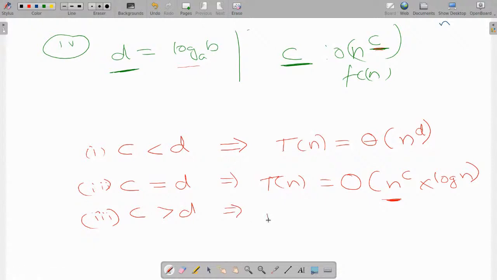And the third part, if the addendum's exponent is greater than log b base a, then the time complexity comes out to be theta of f(n).